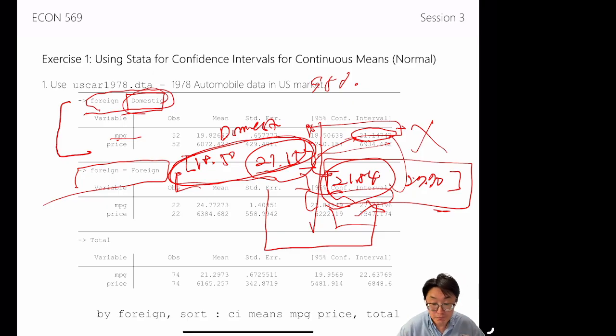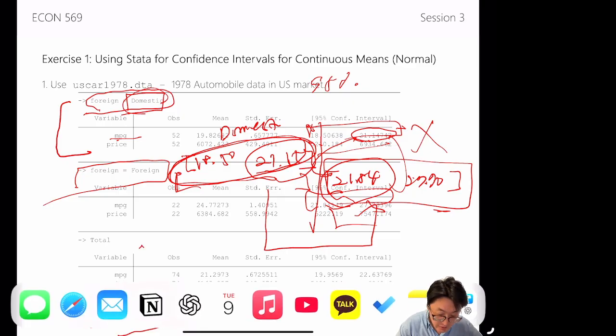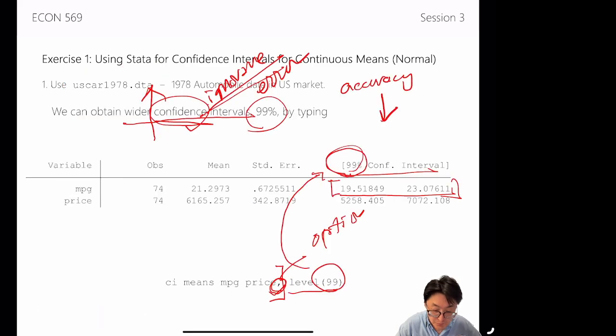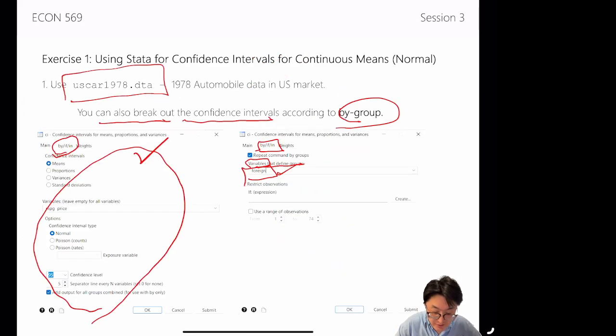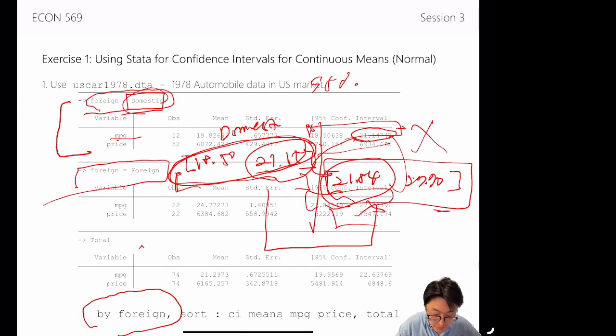If you are doing it on the command window directly, then first you define, hey, please use the foreign variable as the default group variable. Then please sort. And after that you have a colon, and then comes the interval means MPG price, and I also try to see the total.